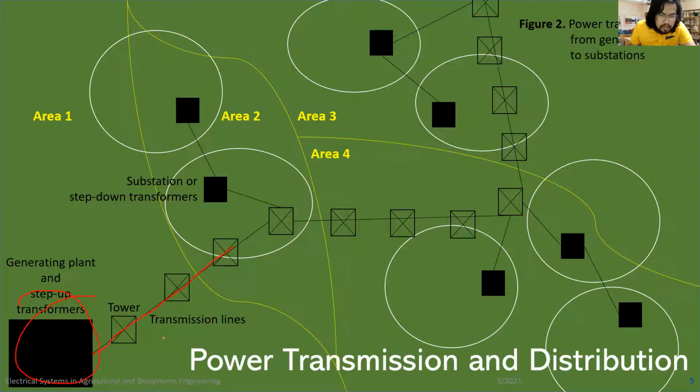Now, the plants do not produce electricity at these voltages actually. Okay. Now, that is the voltage that the transmission lines are carrying. So, a step-up transformer would have to increase this voltage by a multiple of thousands.